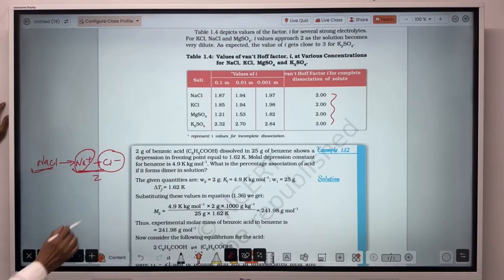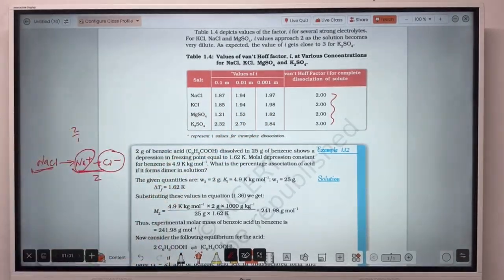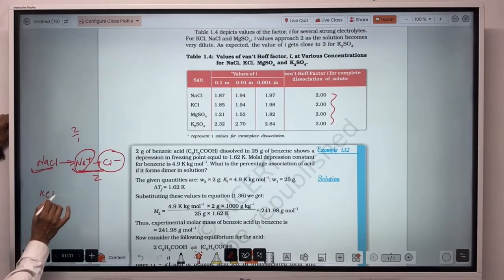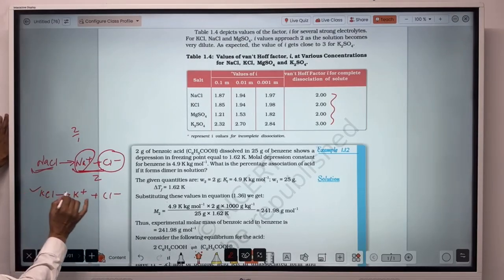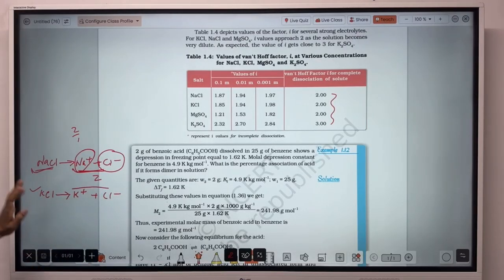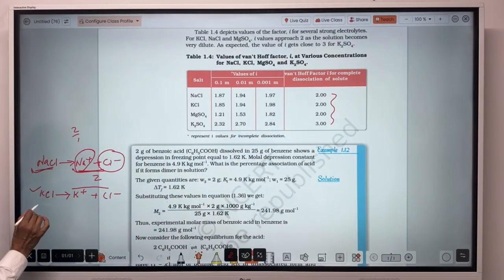That's why the van't Hoff factor is 2 upon 1, so that will be 2. Same here for KCl, that will dissociate into K plus and Cl minus. 1 particle gives 2 particles. So the van't Hoff factor is 2. Same for MgSO4.